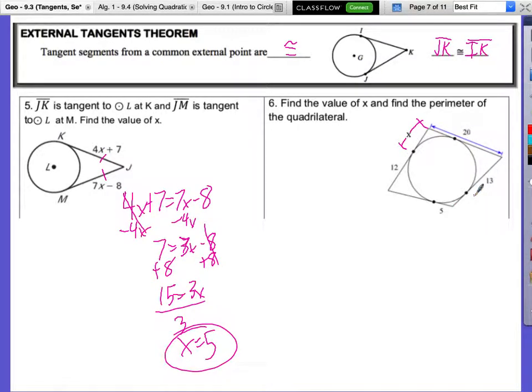You just add them all together? Yeah, but you still have to find the value of x. Or we can divide them. Okay, oh, I figured it out.